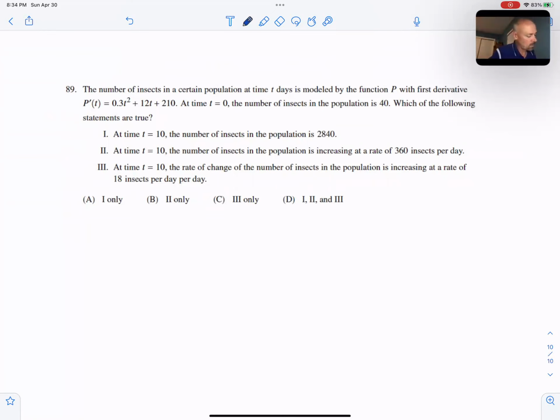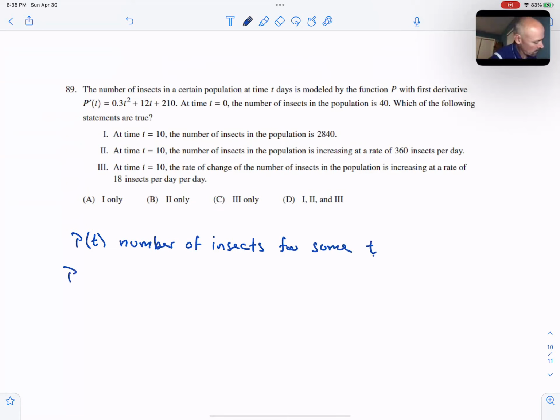All right. So let's be clear that P at t gives us the number of insects for some time t. P prime at t gives us the rate of change of the number of insects.